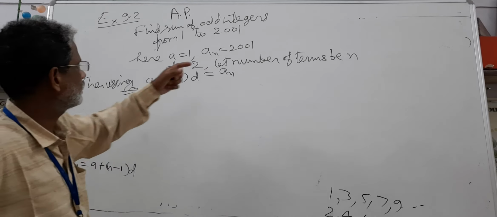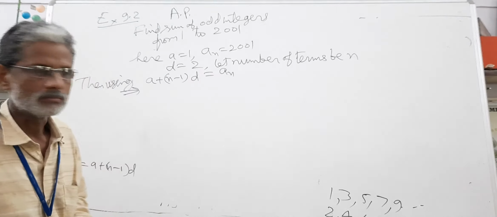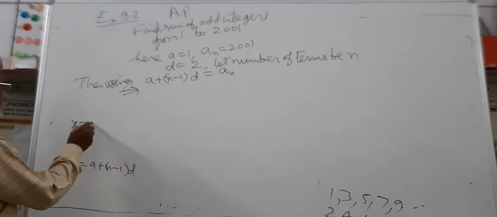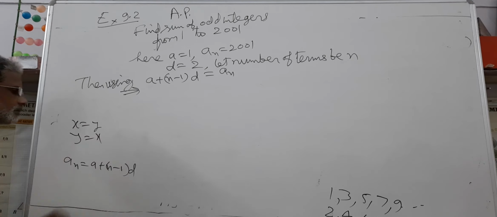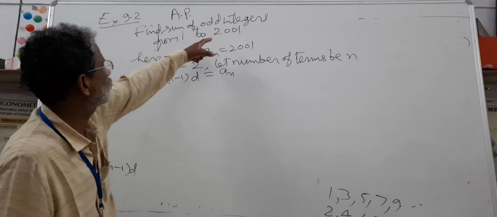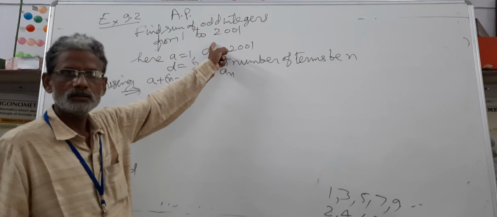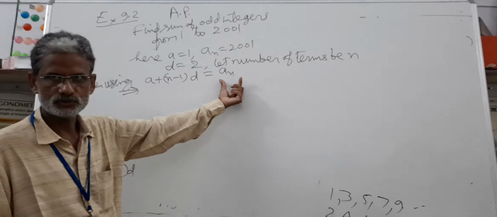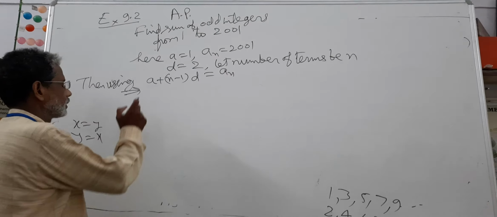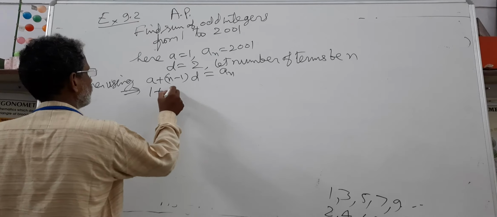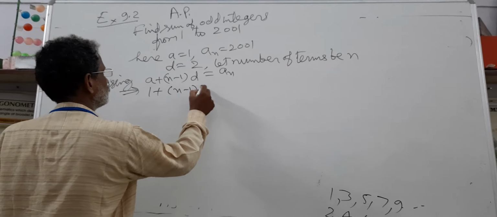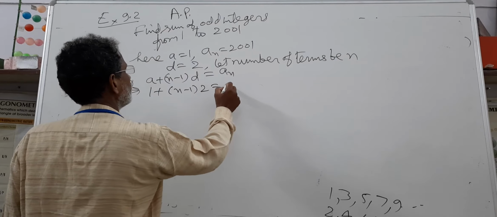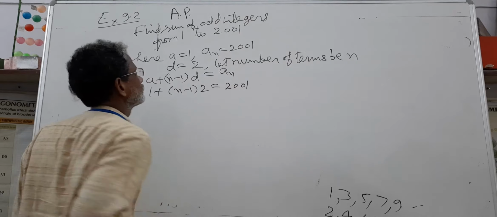If an is given, then write this, because if x is equal to y, then y also will be equal to x. Here an is known, therefore known quantity will be written in right side. This implies 1 plus n minus 1 into d is equal to value of an, 2001.